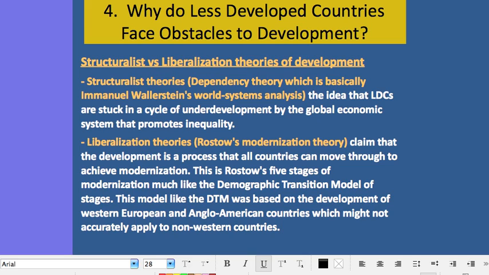So liberalization is the idea that countries are free to move through these different stages of development at their own pace. Structuralists say they are inherently a part of a global economic hierarchical structure at different levels, and they're kind of stuck in those levels.